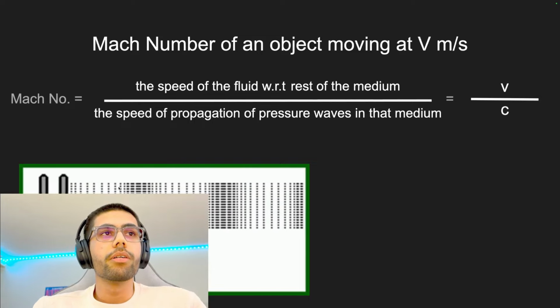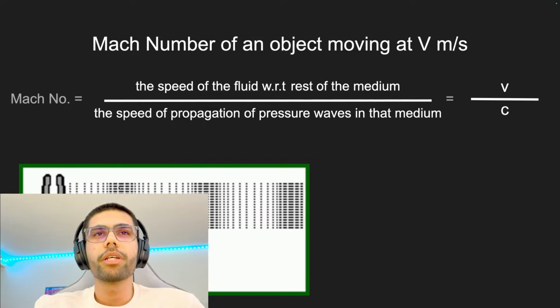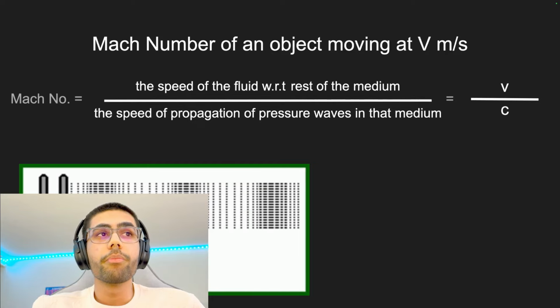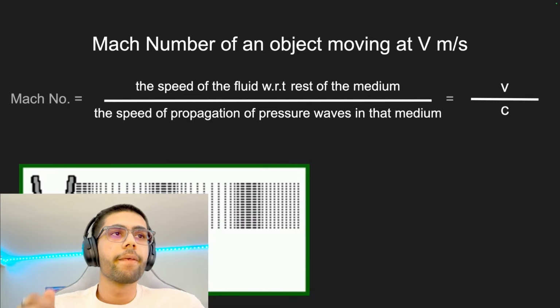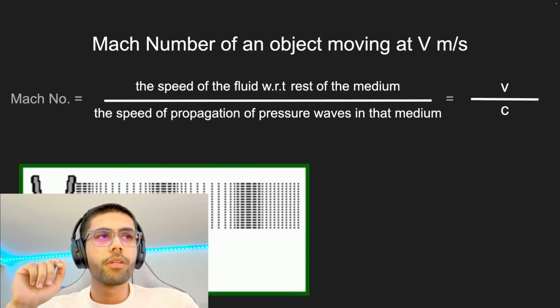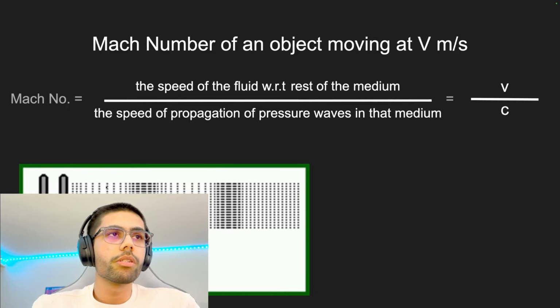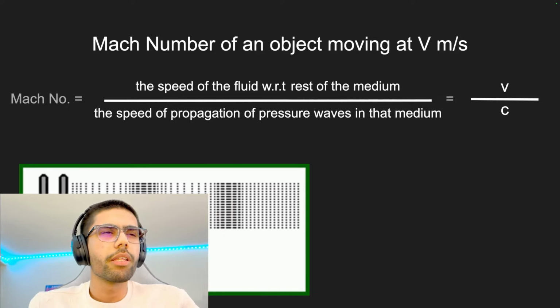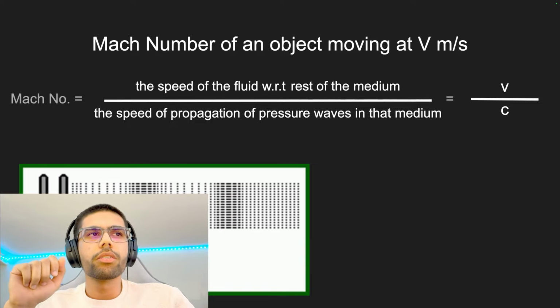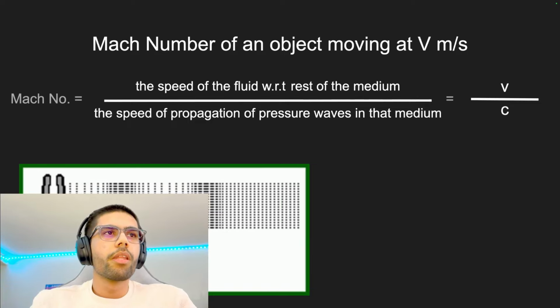If you want to see what pressure waves look like in air, I mean the sound, the sound is nothing but pressure waves. Imagine if you hit some tweezers or a tuning fork like that, it's going to make a certain frequency of sound.